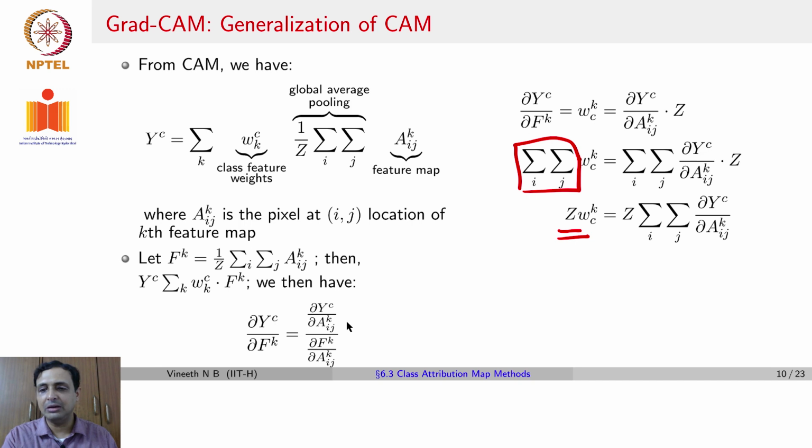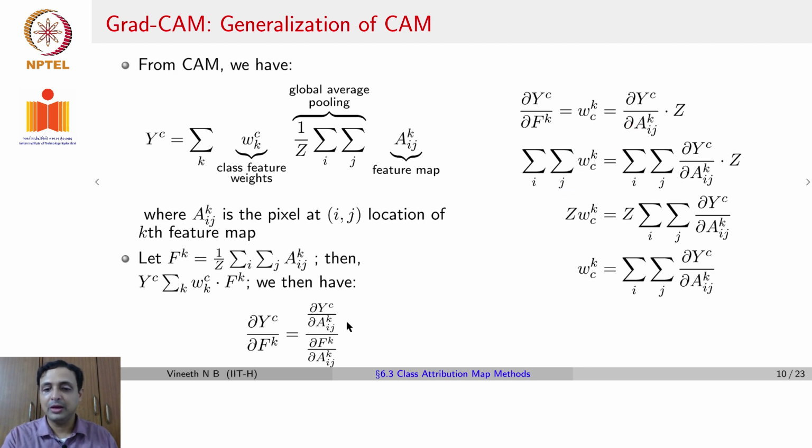Similarly the Z constant comes out here and you have your summation over i, summation over j, ∂Y^c/∂A_ij^k. Rather, we can say w_k^c is then given by (1/Z) summation over i, summation over j, ∂Y^c/∂A_ij^k.